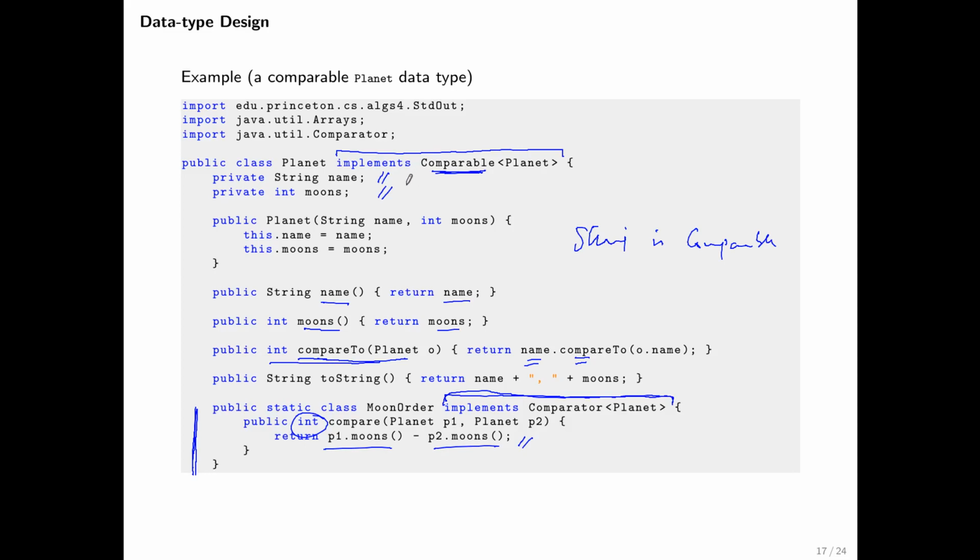Now, if the Planet data type had other instance variables, then you could have had more inner classes for each one of those for more orderings. All right. So, as you can see, using this approach, using a combination of Comparable and Comparator, you can provide any number of orderings for your data type.